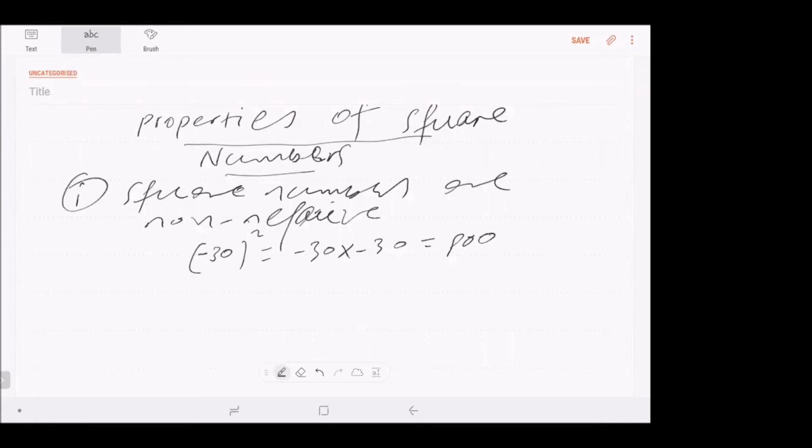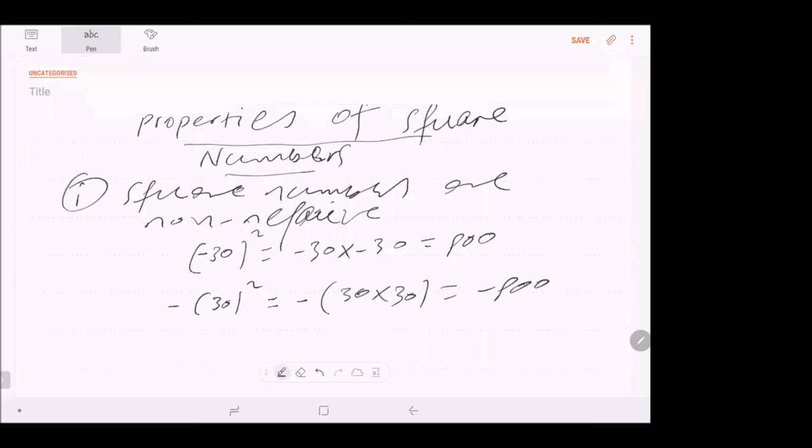But there is a difference between this expression and this expression. This one is the square of negative 30, but this one is not. When you calculate this one, it is equal to minus of the square of 30, and 30 squared means 30 times 30, so the value will be negative 900.